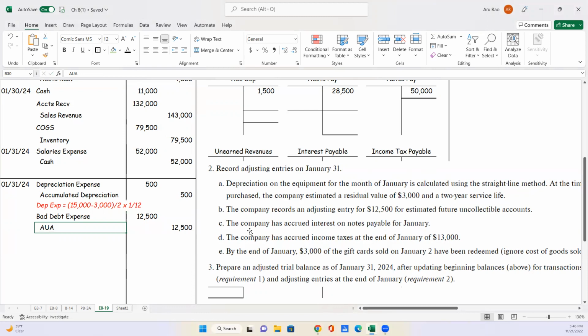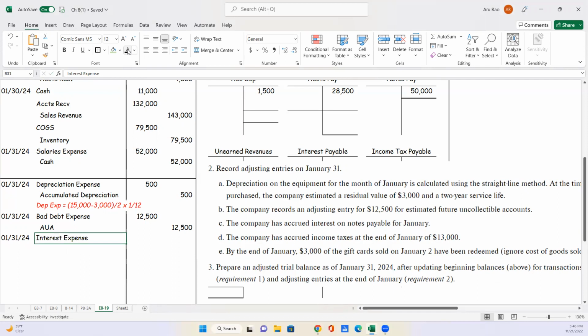Now for the third part, for the third journal entry, adjustments, I have to accrue interest on the note payable for the month of January. So let's first do the journal entry in terms of the debits and credits. I have to calculate interest. So it's interest expense debit. I'm not paying it now.